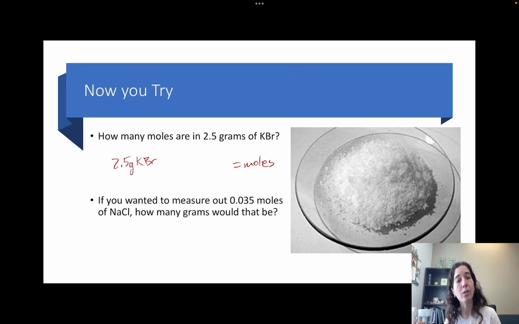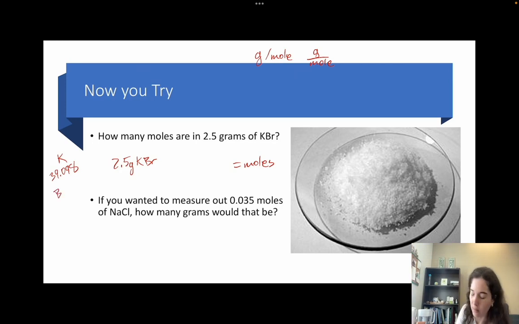This is where we need to use our new unit in grams over moles, or grams on top of moles, right? So you'd head to your periodic table and you'd look up the molar mass of potassium, which is 39.098. So 39.098 for potassium. Bromine is 79.9.